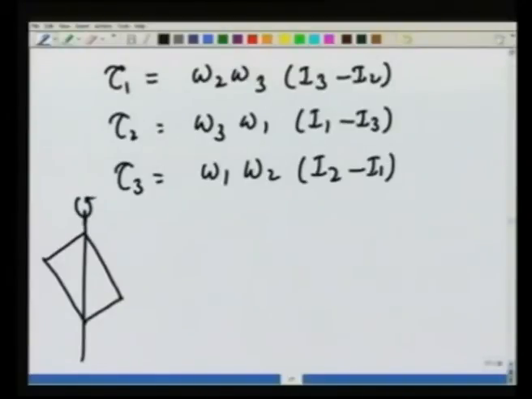Since omega is this way, this is 1 at this point, this is 2, 3 is this way, omega 3 is 0, so this comes out to be 0, this comes out to be 0. How about tau 3?